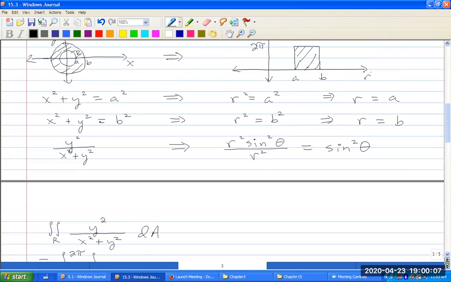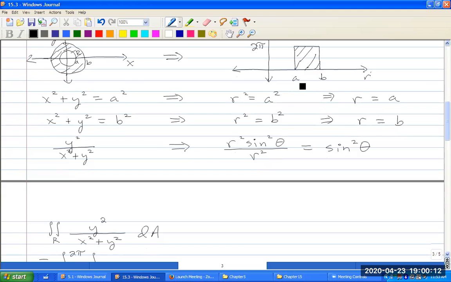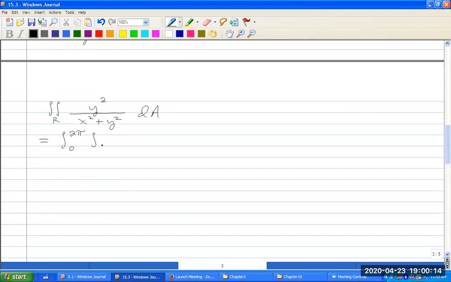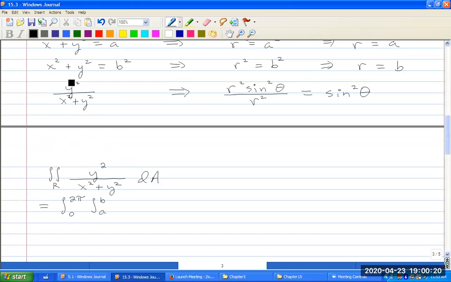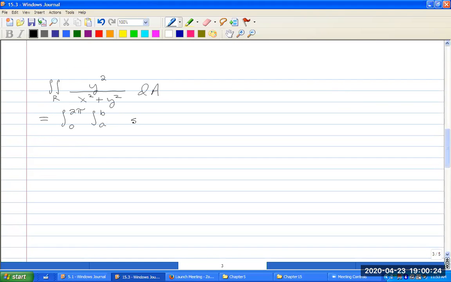So I'm just going to go 0 to 2 pi here, and from a to b in r, of, well, rewriting this in polar coordinates, it's just sine squared theta times, well, if you recall, when I integrate in polar coordinates, I have to write it as r dr d theta.